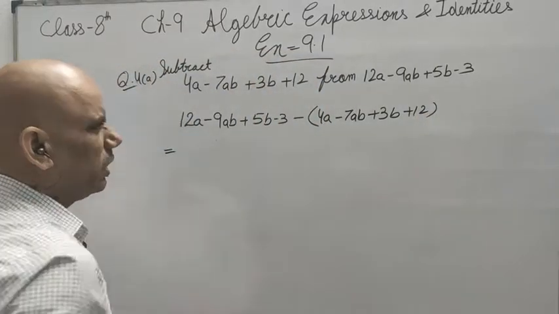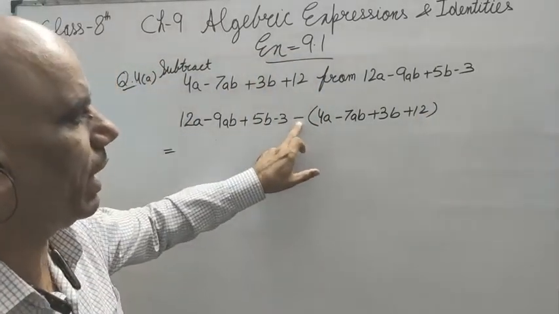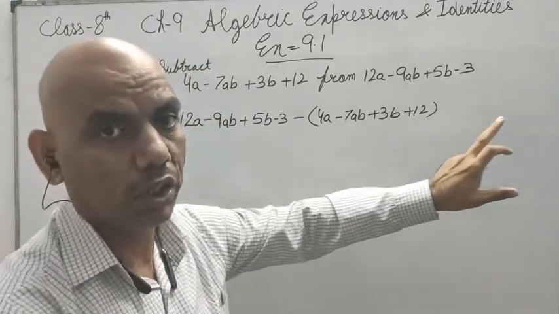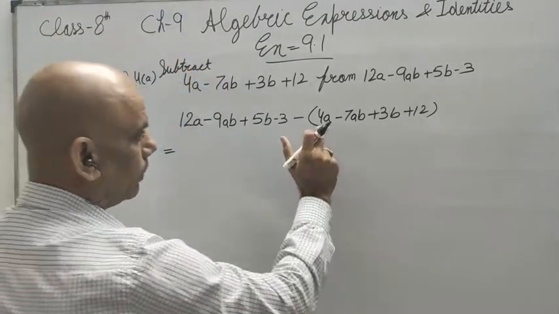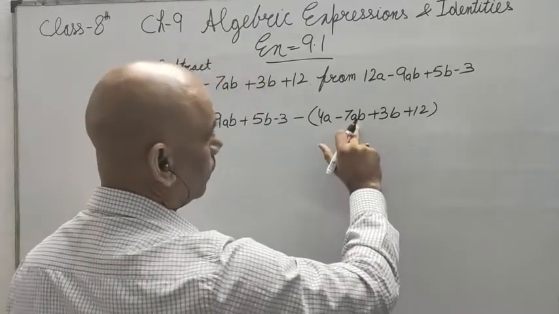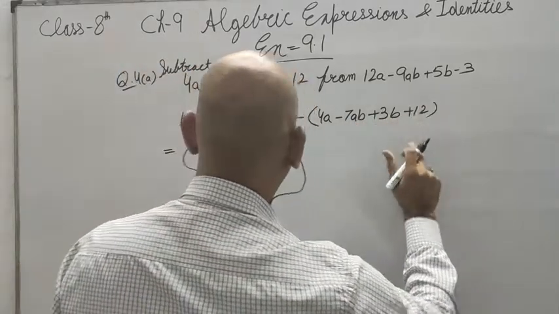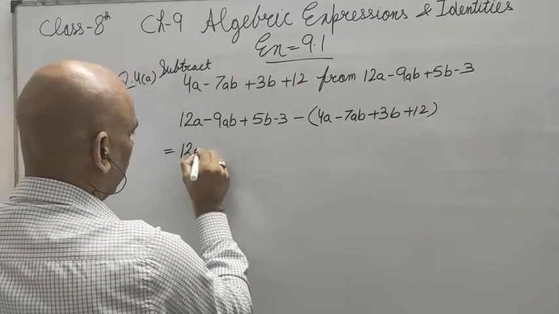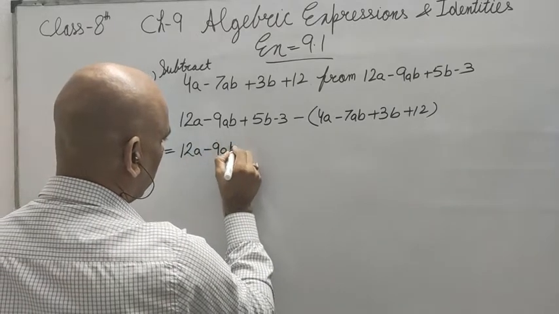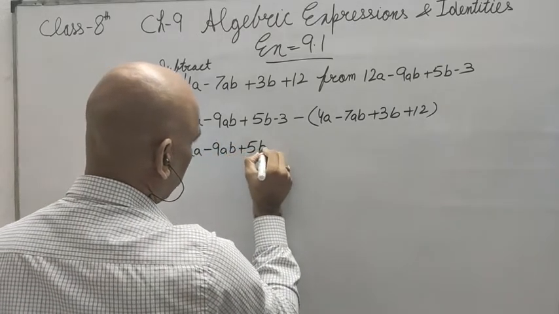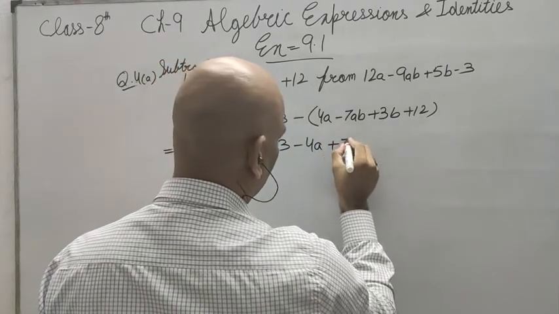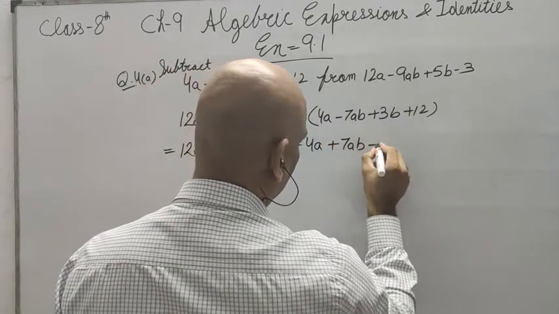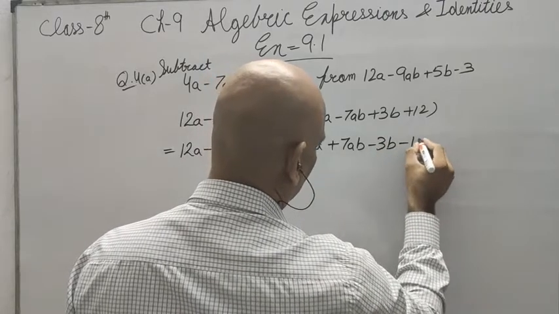Now, what I told you is that whenever there is a negative sign outside the bracket, you will have to change the sign of all the terms inside the bracket. 4a will become negative, 7ab will become positive, 3b will be negative, 12 will be negative. So 12a minus 9ab plus 5b minus 3 minus 4a plus 7ab minus 3b minus 12.